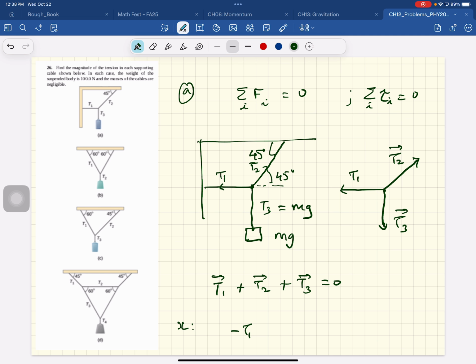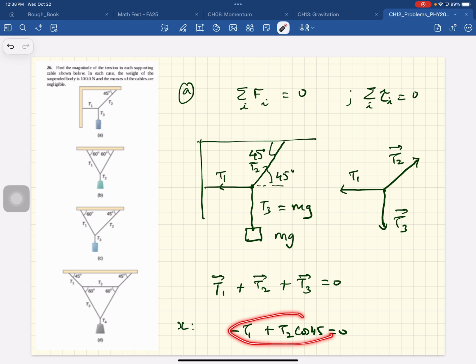On the knot, T2 is pulling that way, T1 is pulling this way, T3 is pulling this way. So minus T1 plus T2 cosine 45 equals 0. T2 cosine 45 is balancing T1.